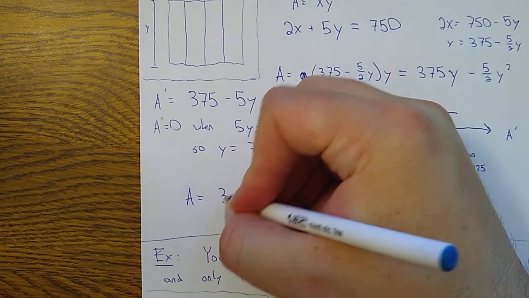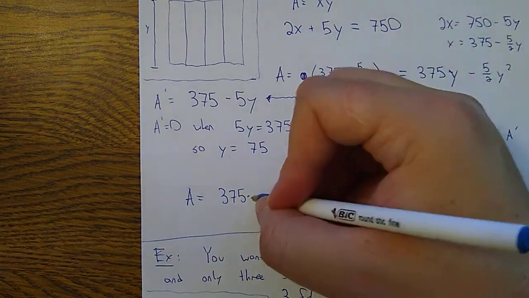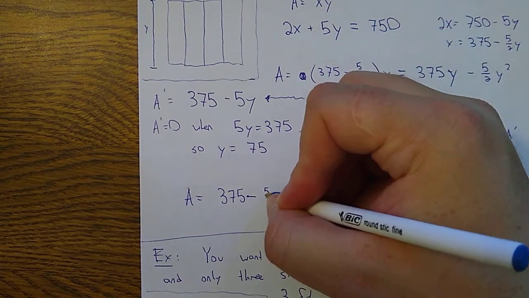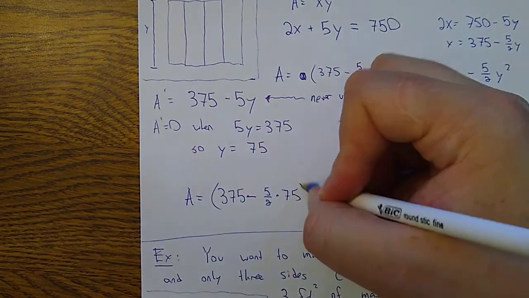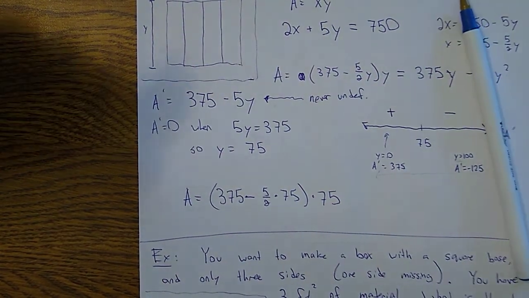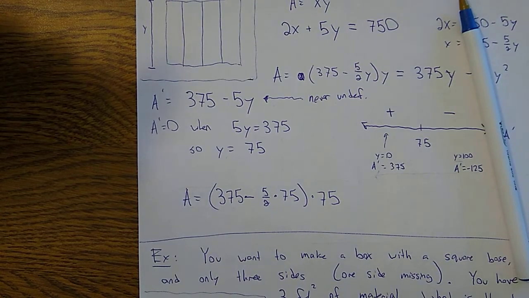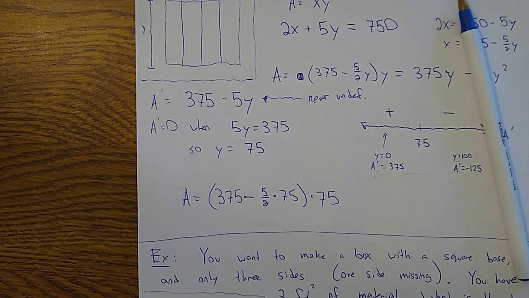So this is 375 minus 5 halves of 75 times 75. And I am officially going to need a little bit of help with this. I don't trust myself to do it in my head here, but this will take just a second.